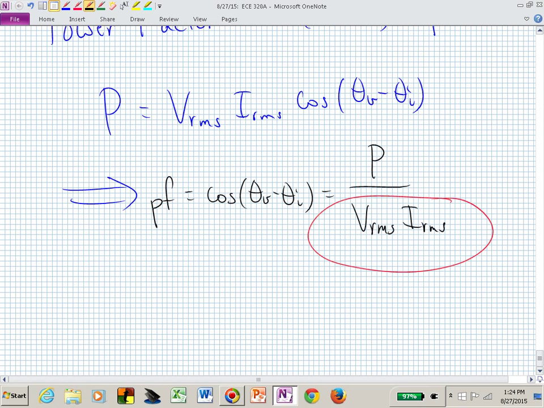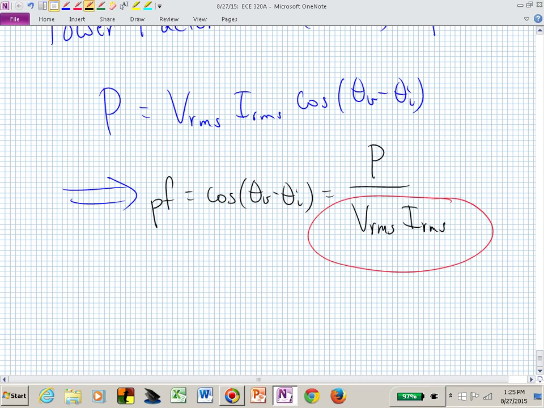Power factor is PF. So the power factor is cosine of theta sub V minus theta sub I. And from our average power formula, we can find the power factor as the ratio of the power that we have divided by V and I. We call that the apparent power. The power company sees that. They say, well, apparently you want this much because you're asking for this much voltage and this much current. But effectively, you're not using all of that because some of your load is reactive.